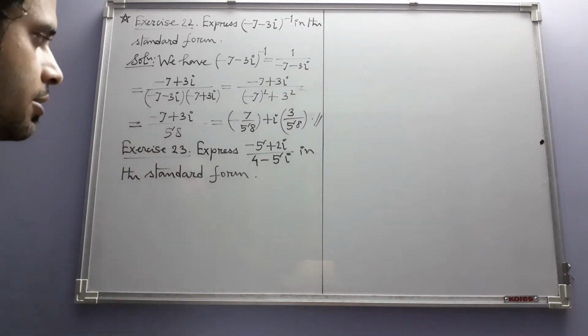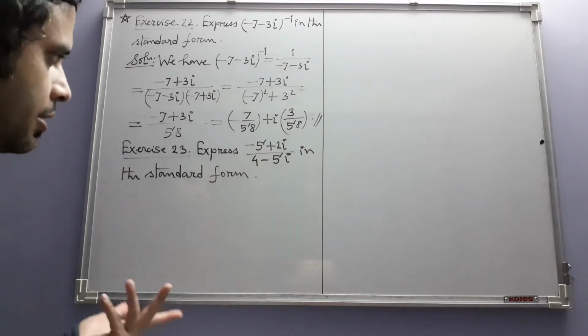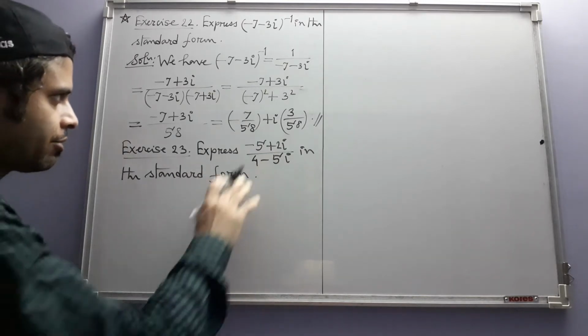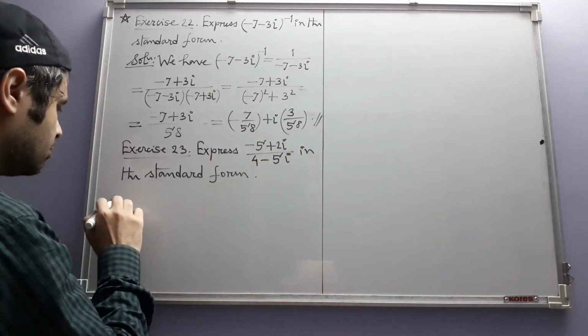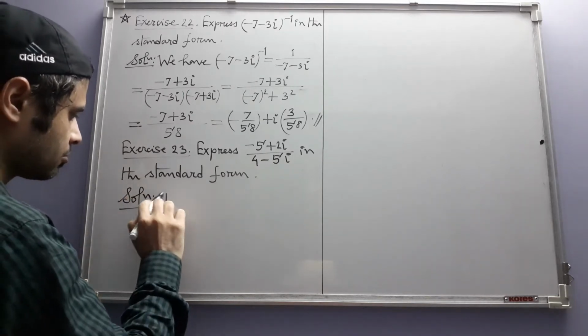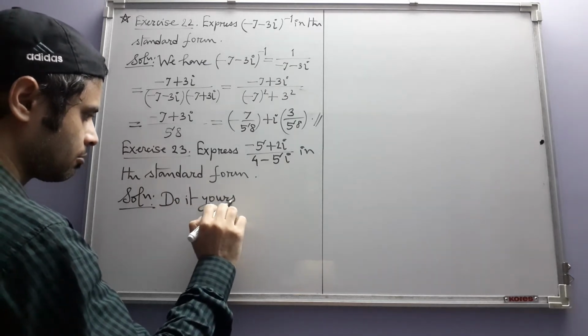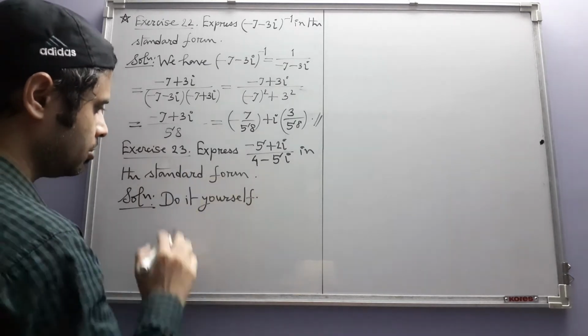Same procedure. You have to multiply and divide by 4 plus 5i, and then you have to simplify and find the standard form. So this I leave to you. Do it yourself.